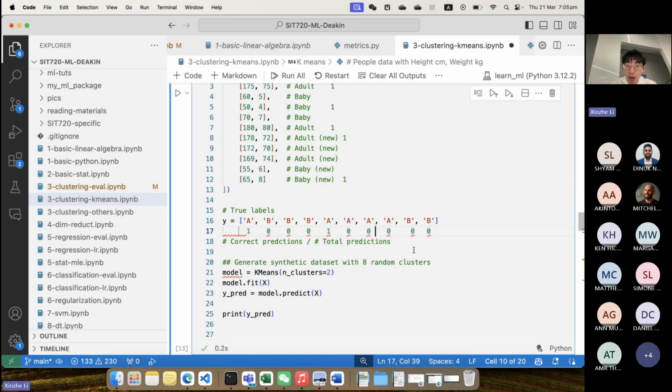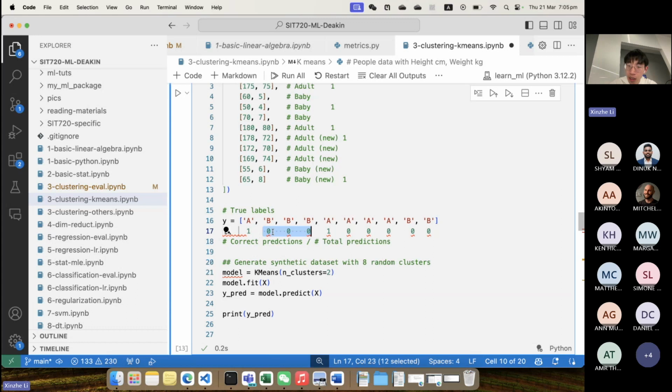How about now? Should 0 correspond to A, or should 0 correspond to B? Now you can see in the 0 cluster, we have some examples which belong to the A label, but we still have some examples in that cluster belonging to B labels. Tell me your answer.